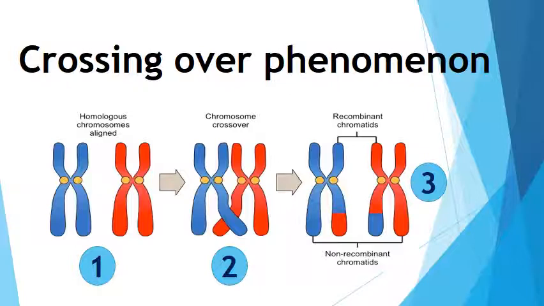It works on the variation of genetic traits among the members of the same species. Okay? And it takes place at the end of prophase 1. And this is what happens in prophase 1 at the beginning and at the end.